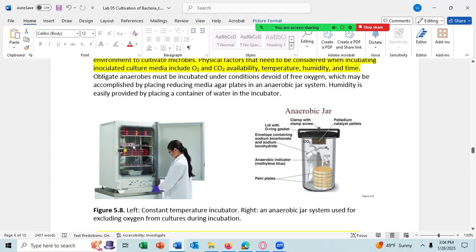That's important because if you did not put in the pan of water, the plates would dry out after only a few days of growth. But if you have the pan of water in there, the plate will last at least a week. Sometimes the plate can last about as far as 2 weeks before it'll dry out.